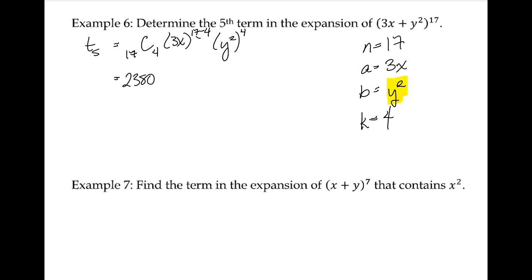When I look here, again, 17 subtract 4 is 13. So I'm going to do 13, and I'm going to distribute that to both pieces. So 3 to the power of 13 gives me, on my calculator, a massive number. And just x to the power of 13.